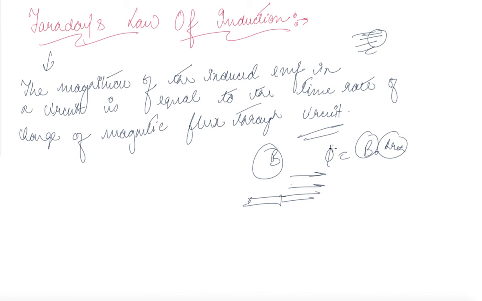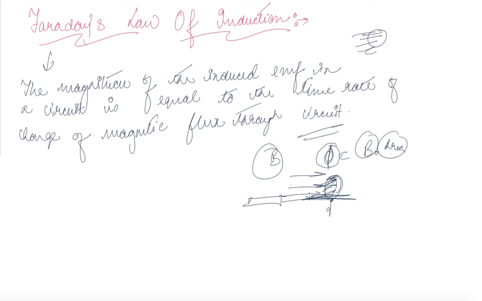So if you want to change the flux, either you will change the magnetic field or you will change the area. So in a way, say suppose this is your wire, so if I move this wire to and fro, I am changing the area through which the flux is passing.